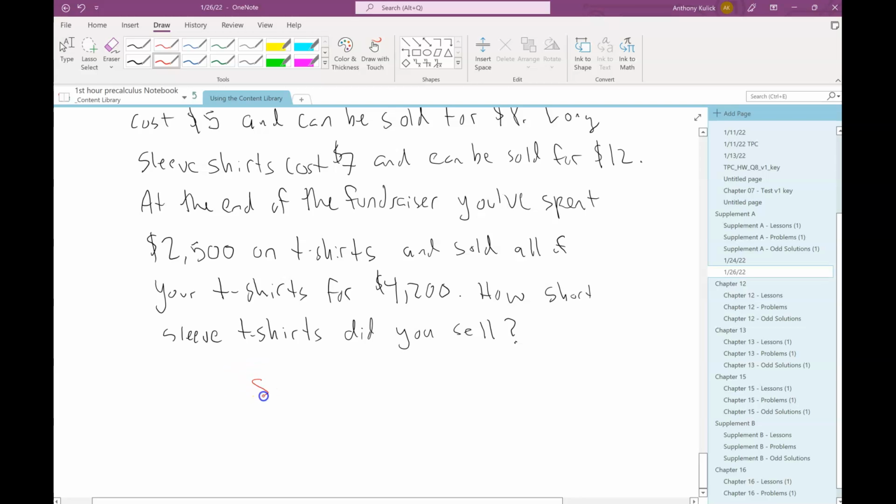Okay, so I'm going to use S to be the number of short sleeve t-shirts. Okay. And while it doesn't ask this directly in the question, what is the other variable going to have to be?